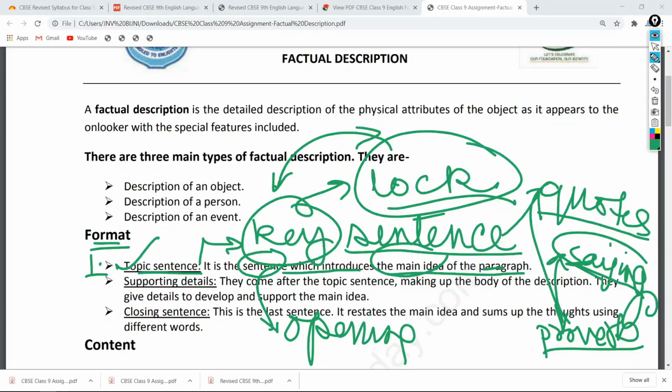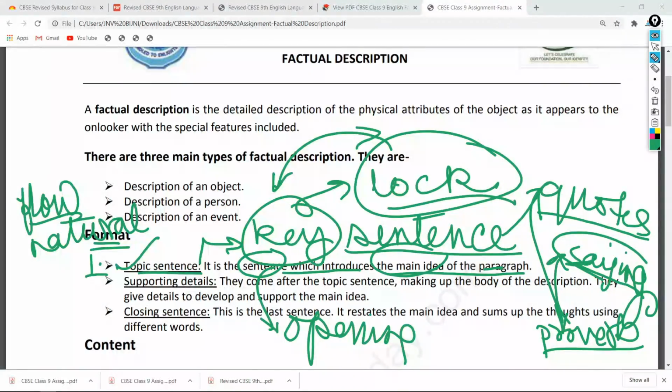The supporting details are there to support the topic sentence, so that the sentences flow in a very natural manner. It shouldn't appear like jumbled words put together in a forceful manner, finding it very difficult to stay together.